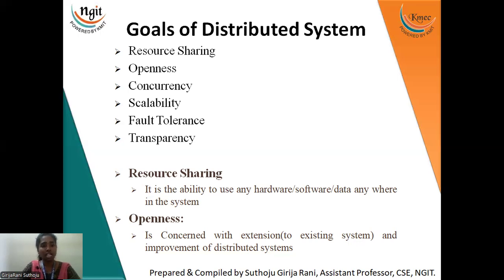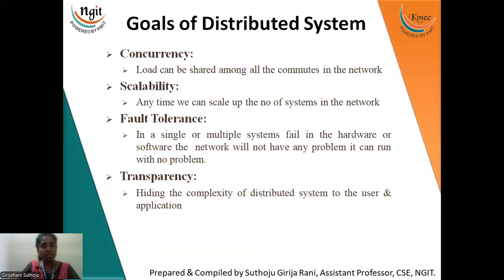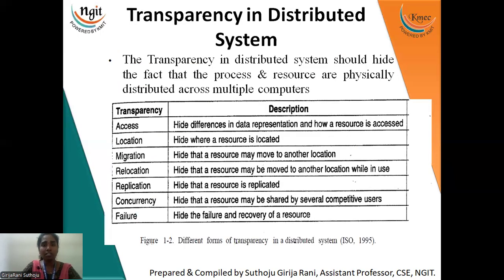And the last one is transparency. Coming to transparency, the name says it: transparency means being open to all; all the systems should be openly given to all the users. However, at the same time, we should hide the things which make a complex environment for the user, such as physical environments where multiple systems are communicating with each other.